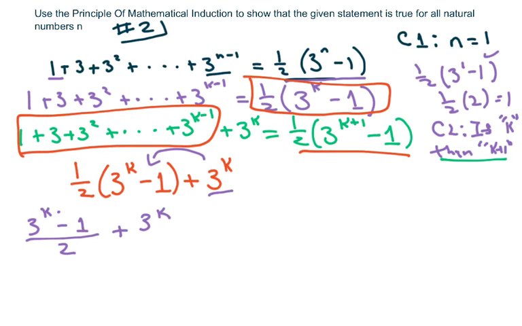Now, when you do that, we need to have the same common denominator. So if you cross multiply, 1 times 3 to the little k minus 1 is just that, plus 2 times 3 to the little k. So that's what we're going to get.